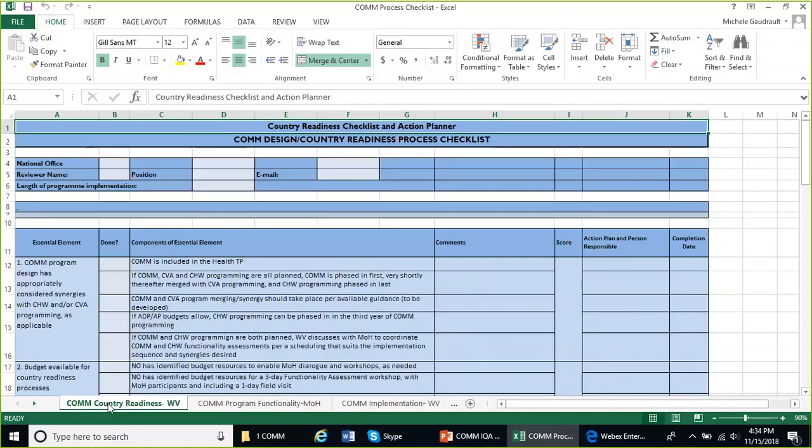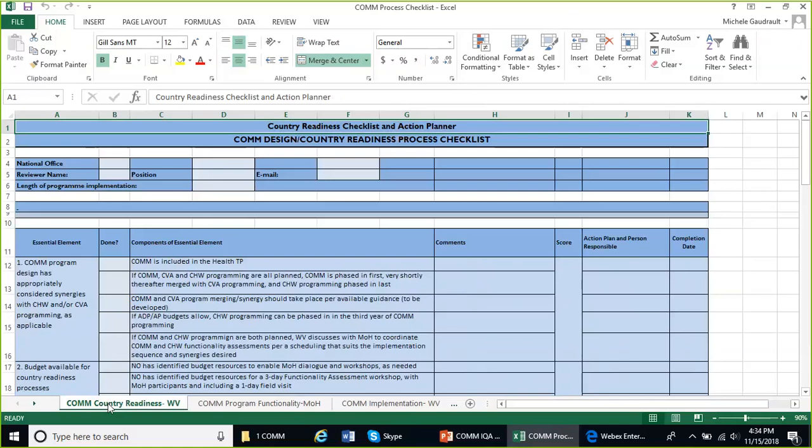If it's, quote unquote, too late, if a national office is already up and running, they've already set up their COMM program, they're already implementing, then of course it can be used retroactively to take a look at how it was set up, how you would perhaps score yourself in terms of your setup against what we see as important or essential.